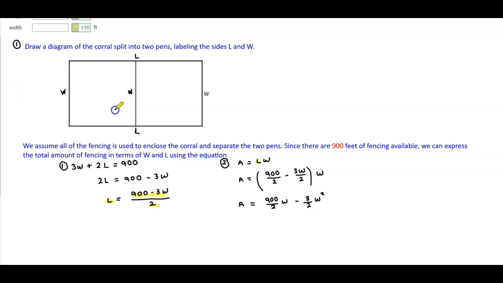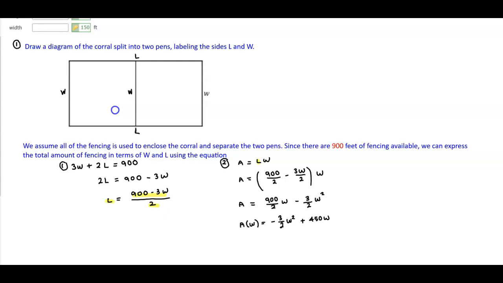Now, let's write this as a function in terms of W. So A of W, we're going to write in descending order: negative 3 over 2 W squared, and then 900 divided by 2 becomes 450W.